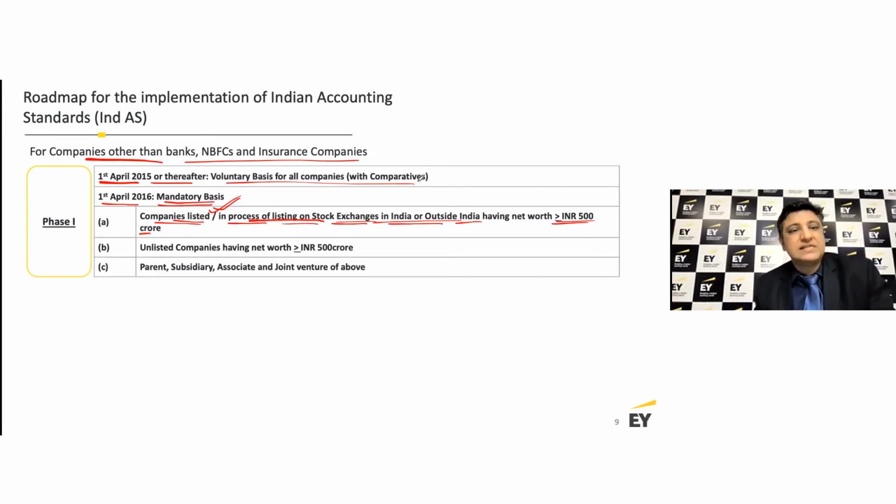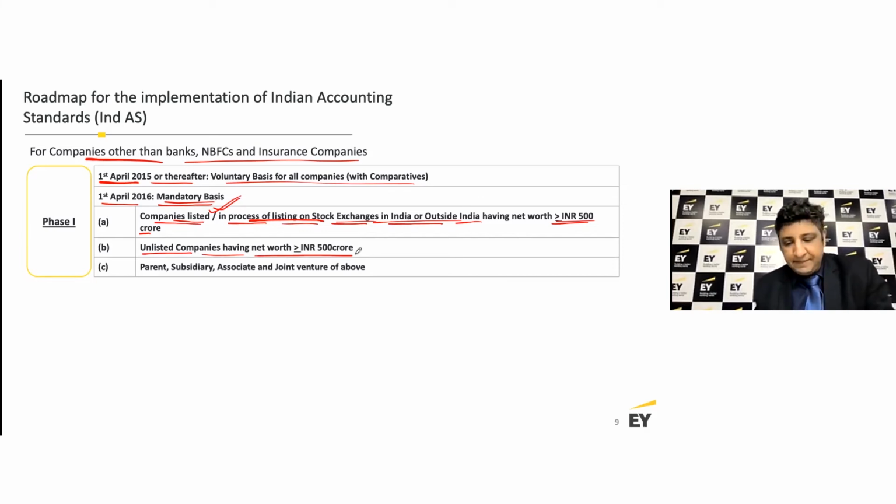But from 2016, when it became compulsory, a large set of enterprises, and when you say listed company, a lot of companies would have been covered already as part of the mandate, right? But it was not only confined to listed companies. Even unlisted companies with a net worth of 500 crore rupees or more were also required to follow Ind AS.